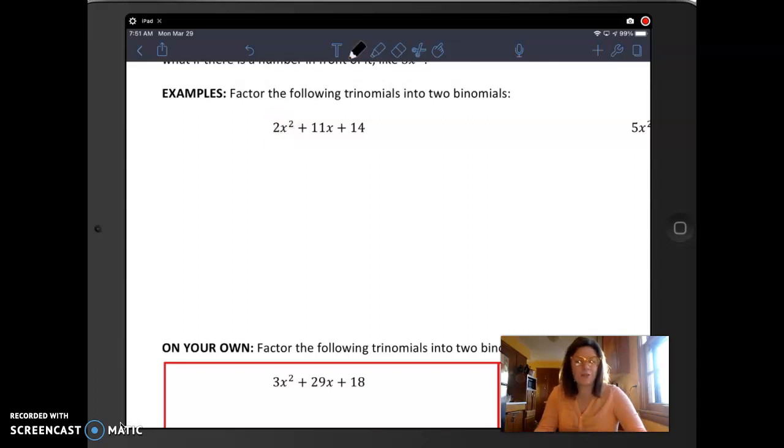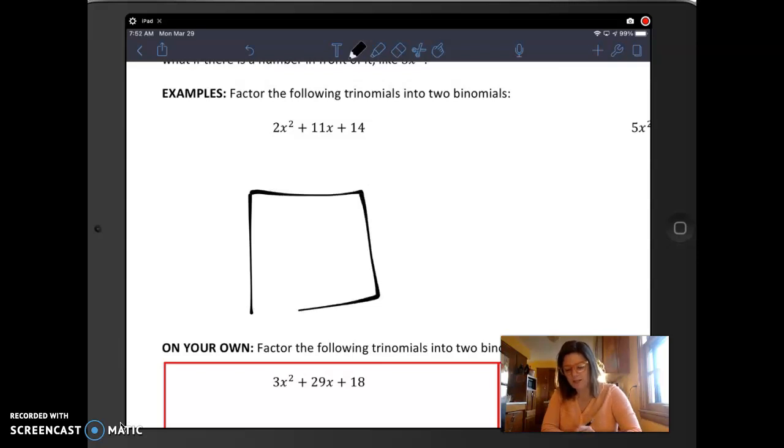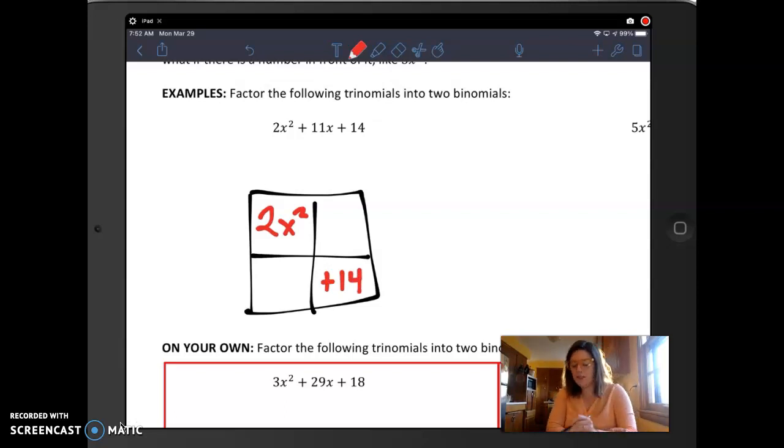So I'm going to use the box method in reverse like we've looked at before when we're trying to explain how to factor. And what I'm going to do is set it up so that we have the 2x squared right here, and we have the positive 14 right here. Now what's different is that you don't just have x and x here, you need to have one of them be a 2x in order to get 2x squared in that corner box.